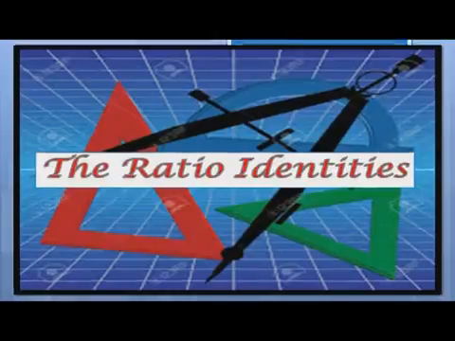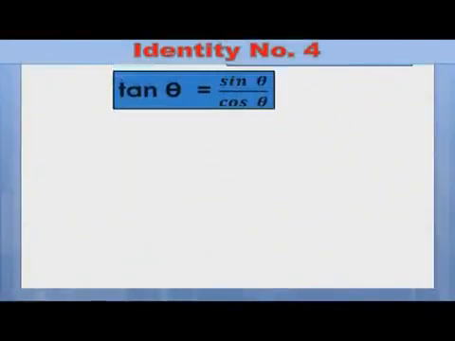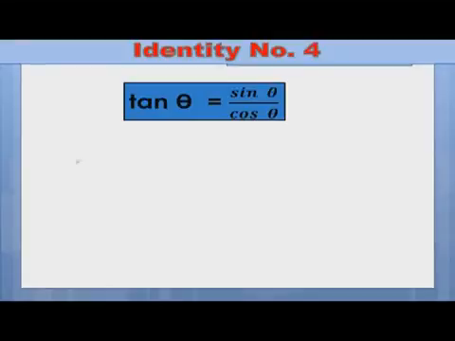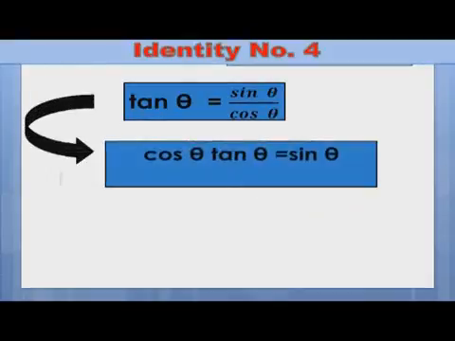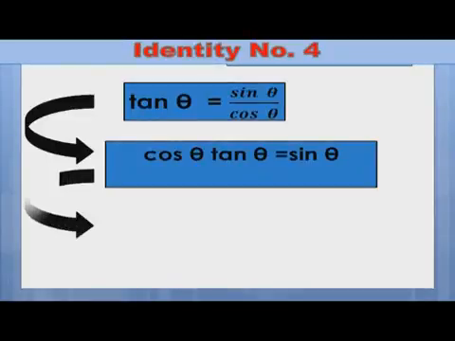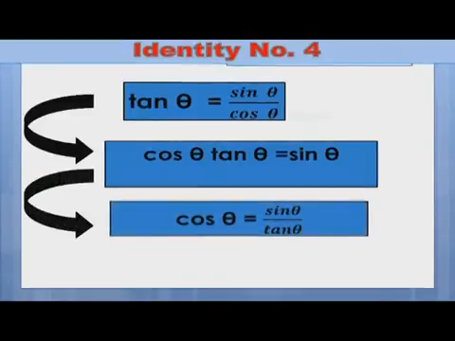Identity number 4, which we already derived: tangent theta is equal to sine theta over cosine theta. The alternative form is cosine theta times tangent theta is equal to sine theta. Cosine theta is equal to sine theta over tangent theta.